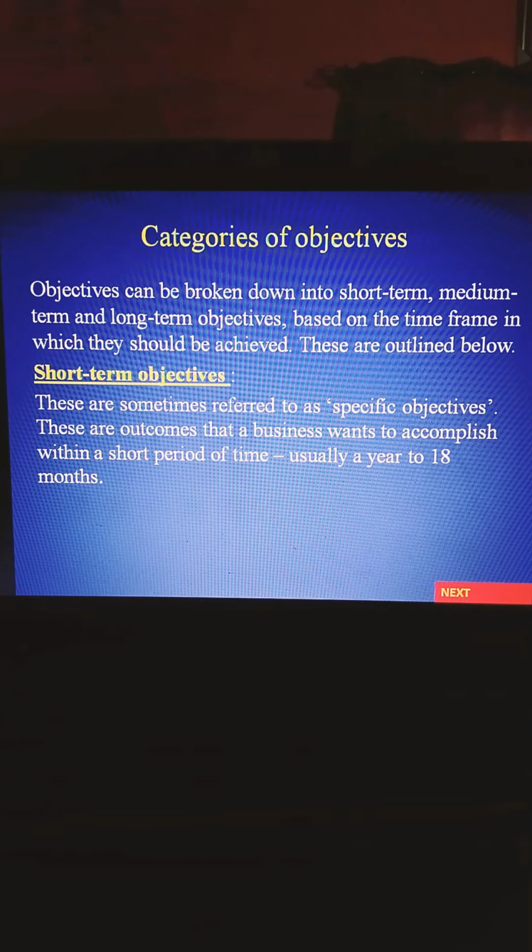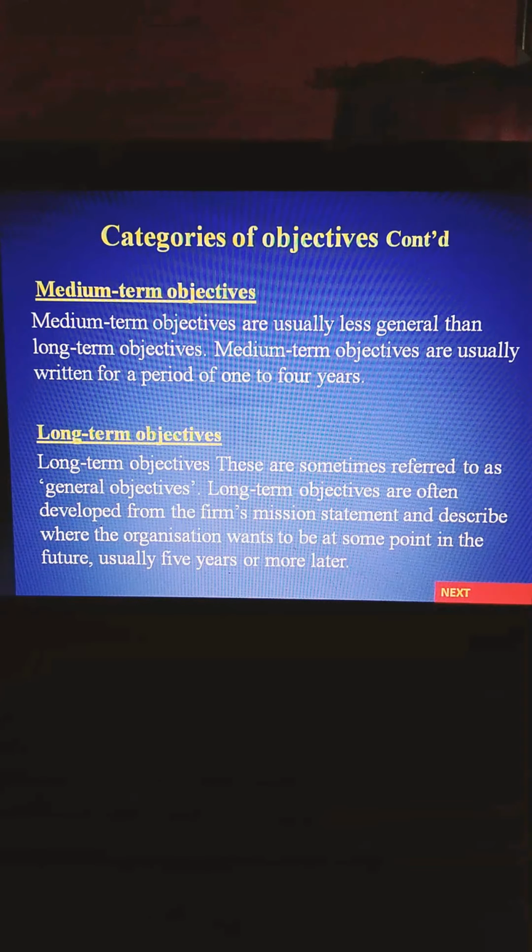So let's take a look at the short-term objectives. These are sometimes referred to as specific objectives. These are outcomes that a business wants to accomplish, and this is normally done in the period of time between 1 to 18 months, and nothing over, right? Or else it will go over into medium term.